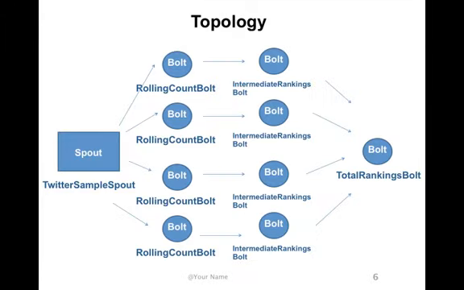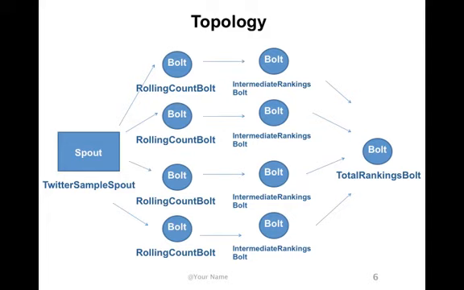The Twitter sample spout will be a continuous stream of tweets, and then the first four parallel processing bolts, or processing nodes, will be counting the words used in the tweets. This can be done in parallel, so I actually specified four different bolts for counting.